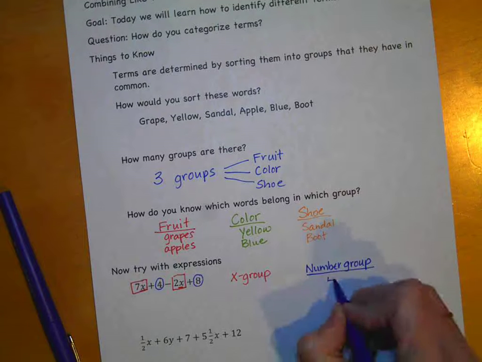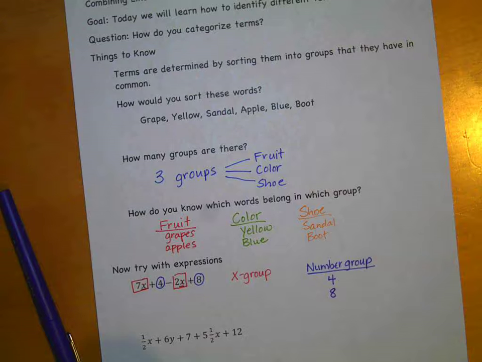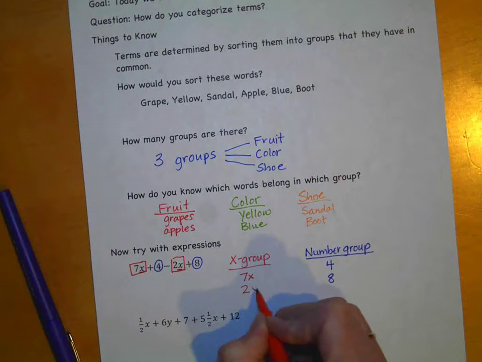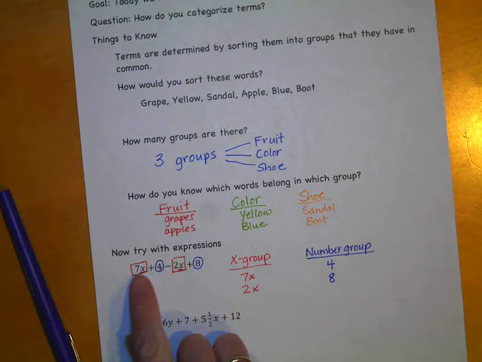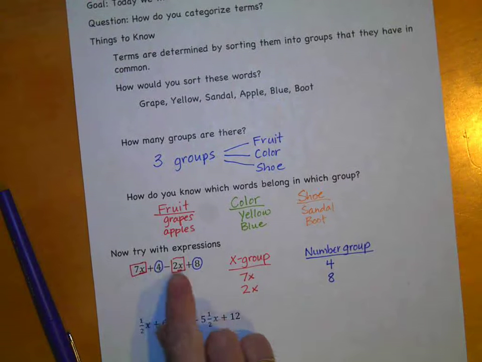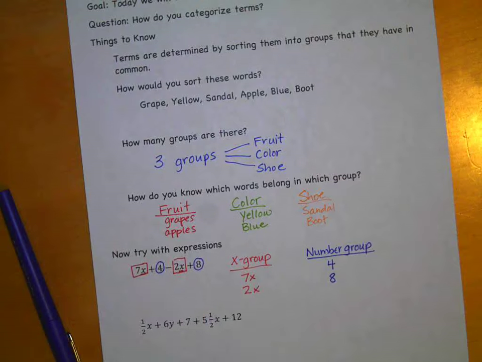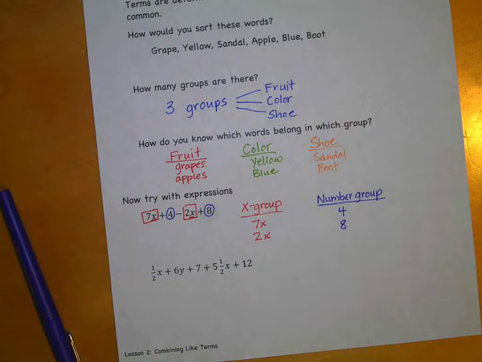In the number group, we have 4 and 8, and in the x group, we have 7x and 2x. So we sorted them by group. The other thing I did is use different shapes. If it had an x, I put a box around it, and if it didn't, I just circled it. That's another way to group them. All right, now let's look at the next one.